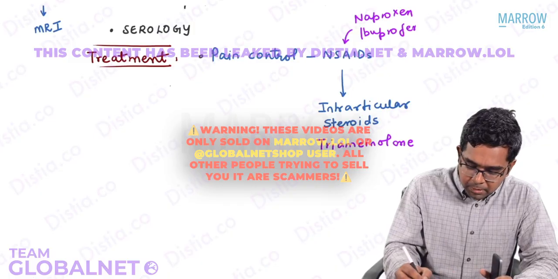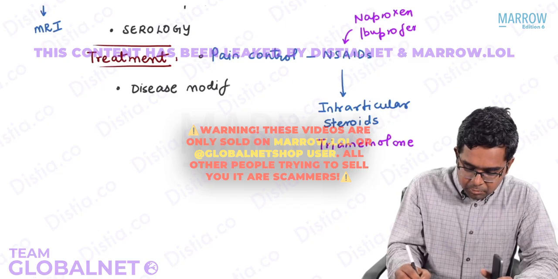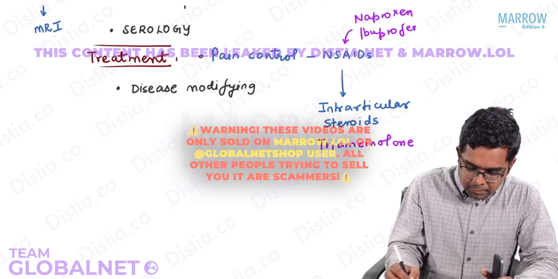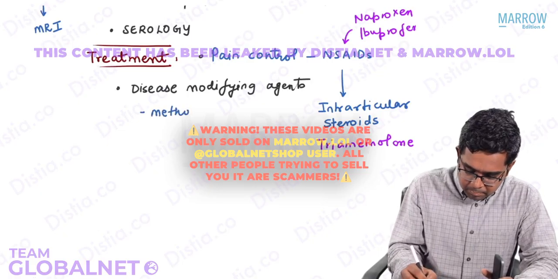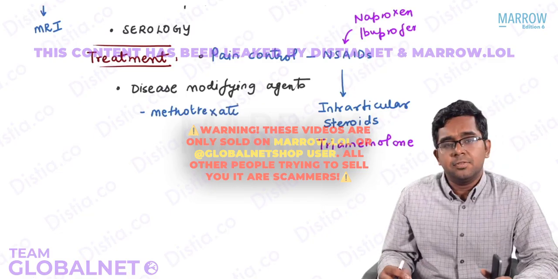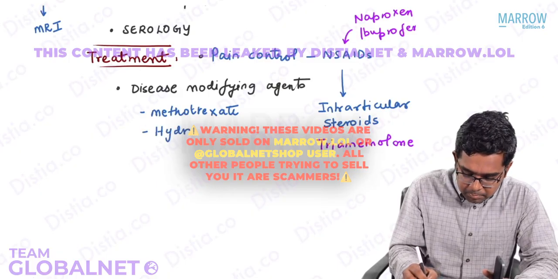Over a long period of time, we use disease modifying agents, and the commonly used disease modifying agent is methotrexate. The second agent which can be useful is hydroxychloroquine.